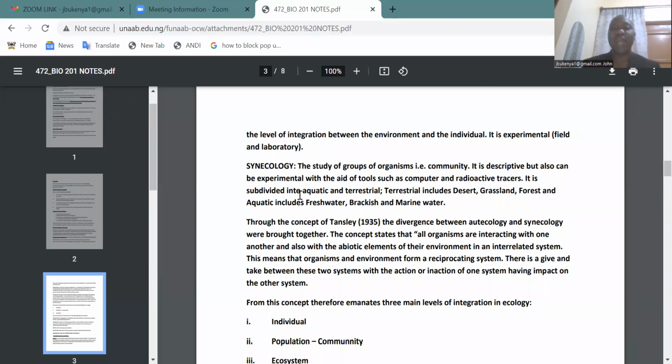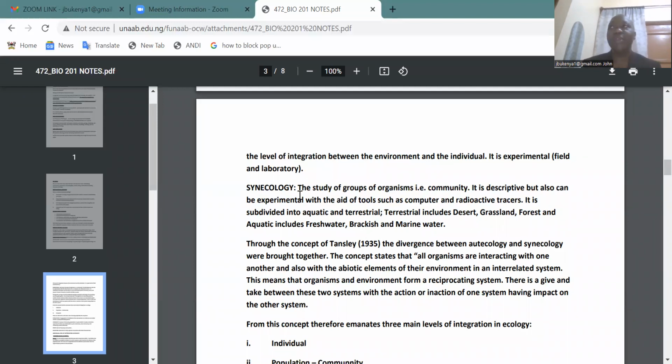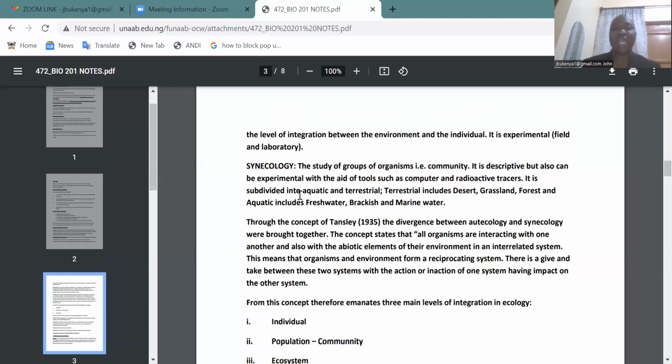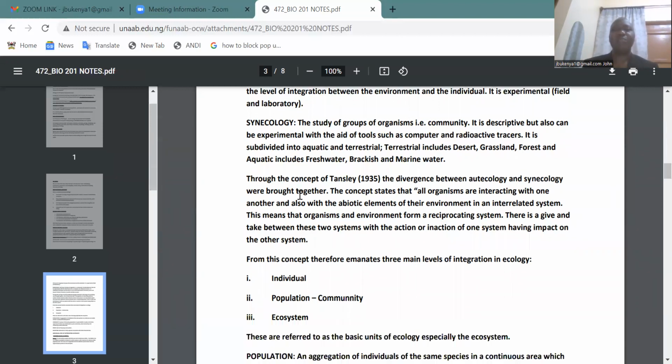Of course, we are aware that aquatic ecosystems could be marine ecosystems or freshwater ecosystems or brackish ecosystems. Whatever aquatic system we are looking at, the discussions there are at the level of synecology. There is this concept which we call the concept of synthesis, which is about the convergence between autecology and synecology.